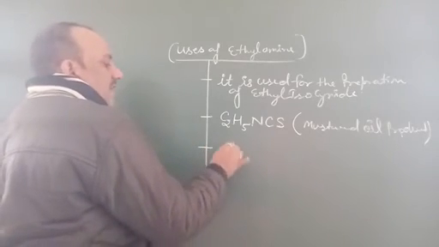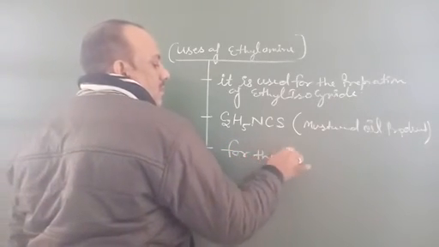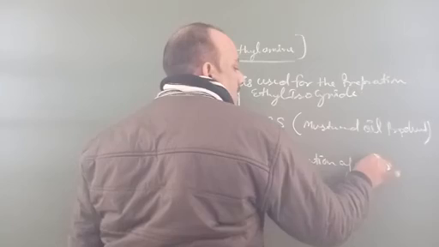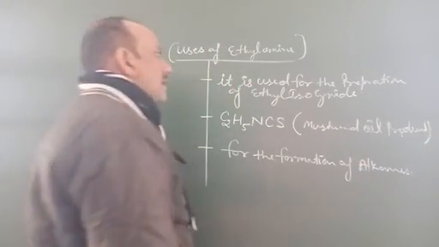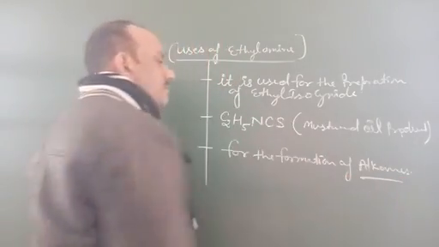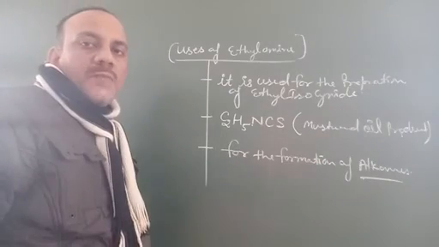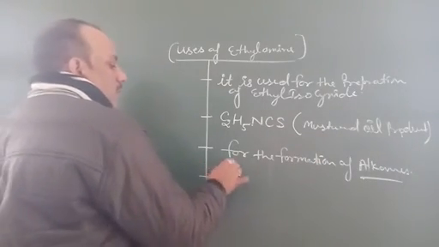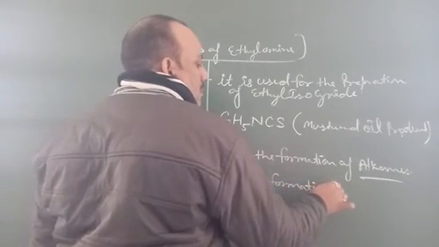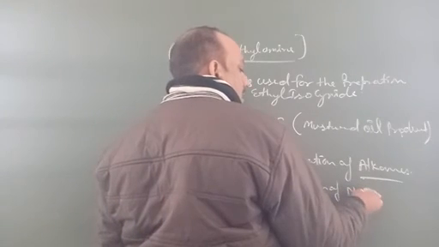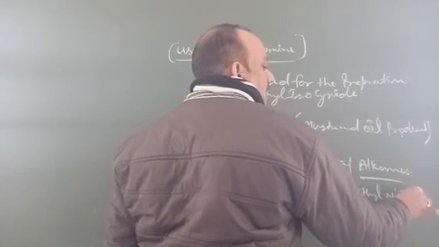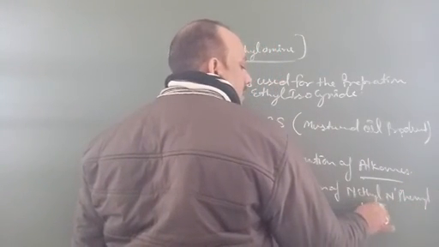For the formation of alkanes: if ethylamine reacts with Grignard reagent, then it makes alkanes. And the last use is for the formation of N-ethyl N-phenyl urea.